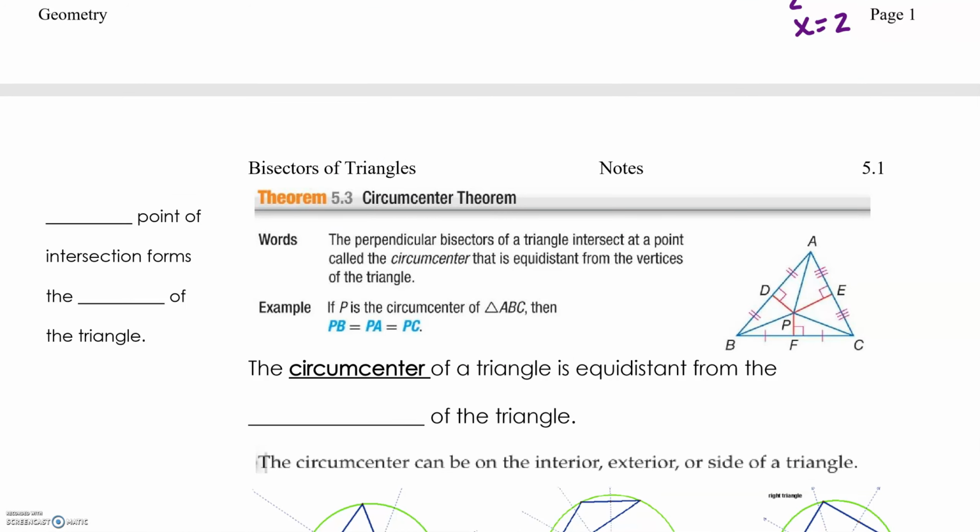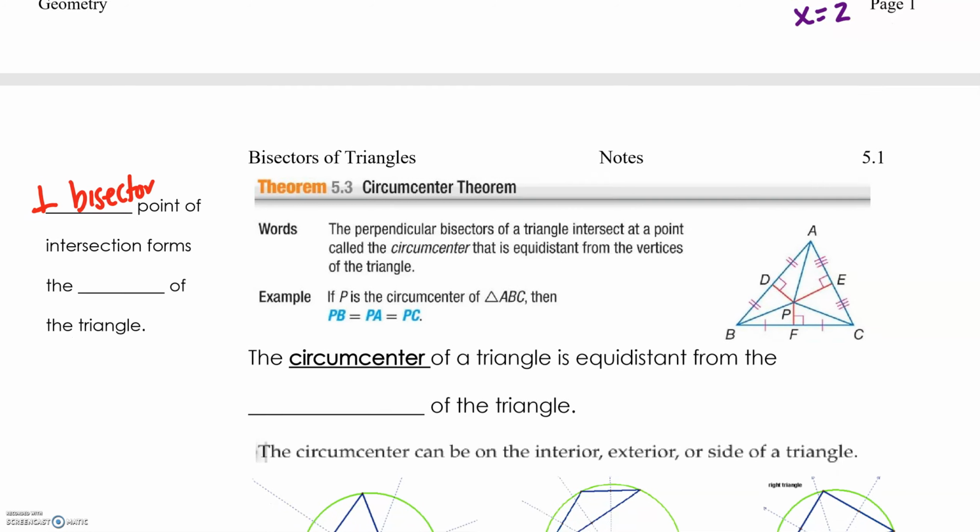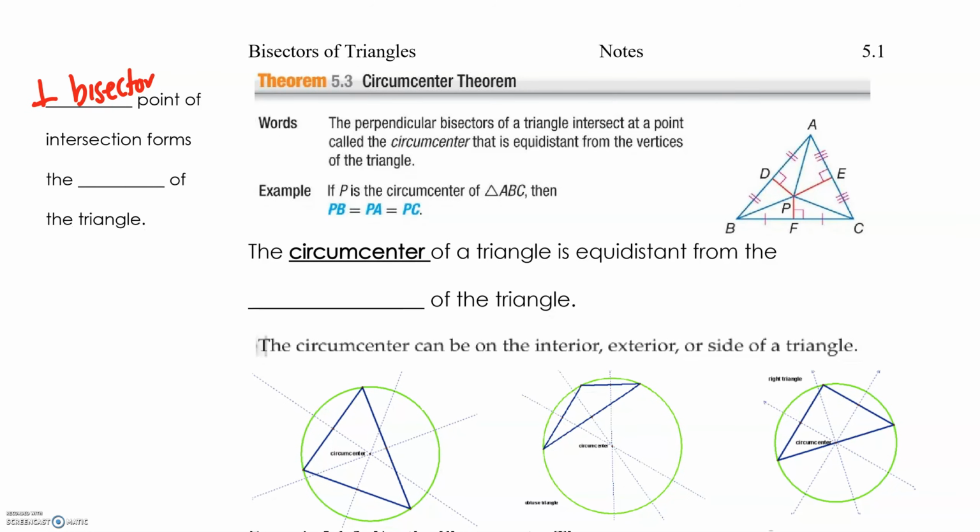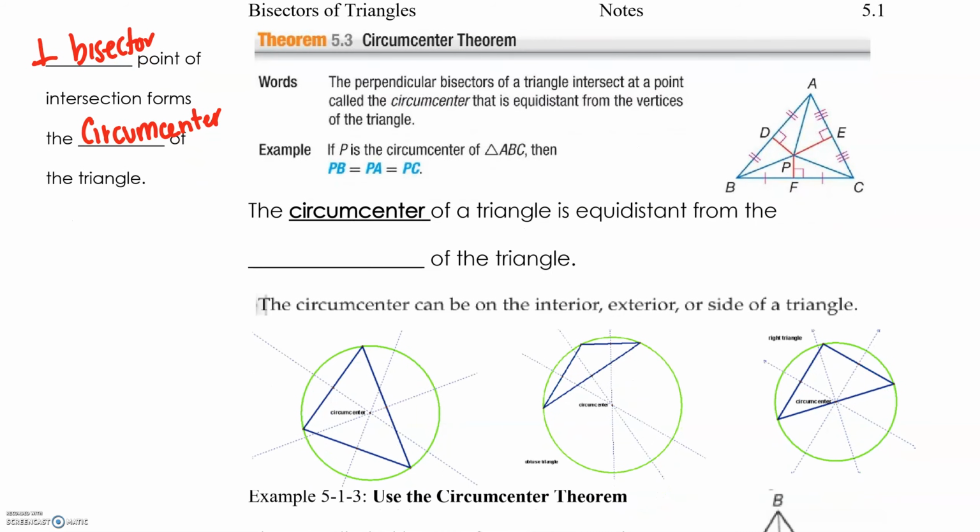So when we have a perpendicular bisector, the point of intersection forms what's called the circumcenter. So I always think of this as the center of our circle. And this circle can be drawn on the outside, which we'll see here in just a second. But it is formed by taking the bisector of each side and making it perpendicular.